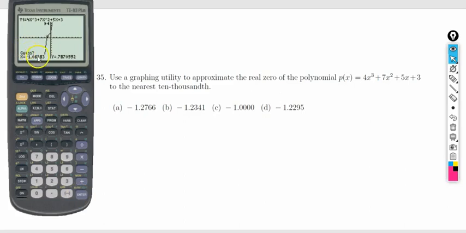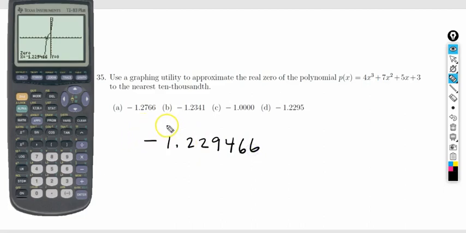Then it says, do you want me to guess? Yes, I do. Press enter again. And it's going to tell me what it thinks the x-intercept is, which will be the 0. So it's telling me it thinks -1.229466.